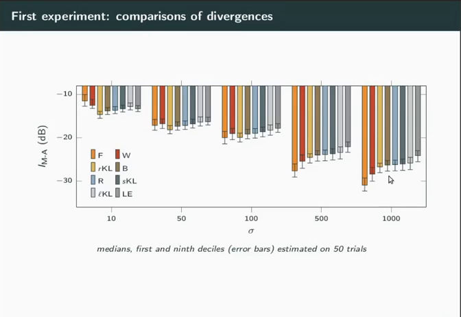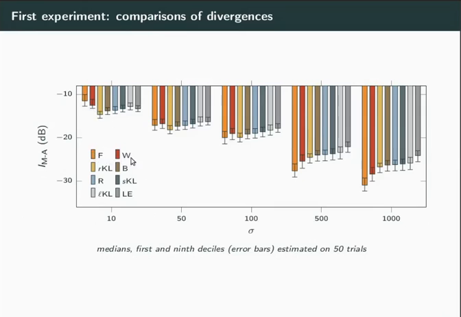And what we plotted are the medians and the first and ninth deciles. What we can learn from these results is that we have mainly two groups of divergences.